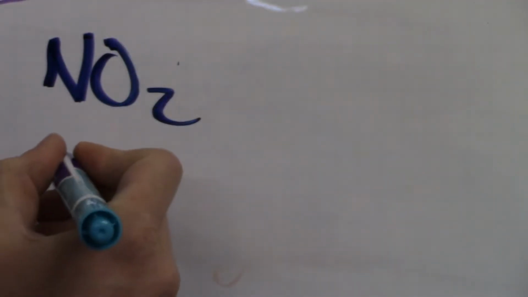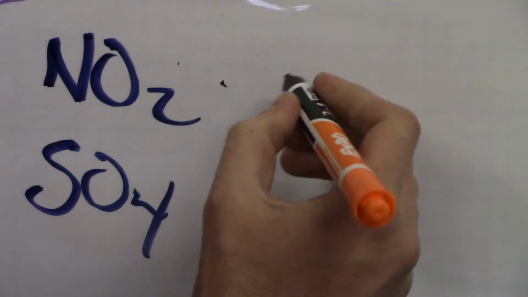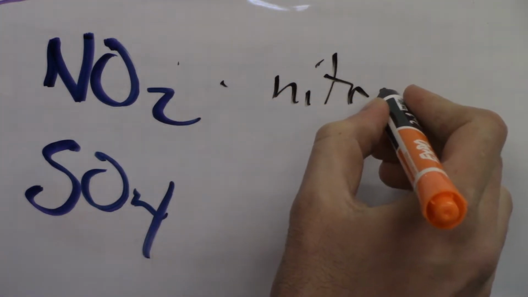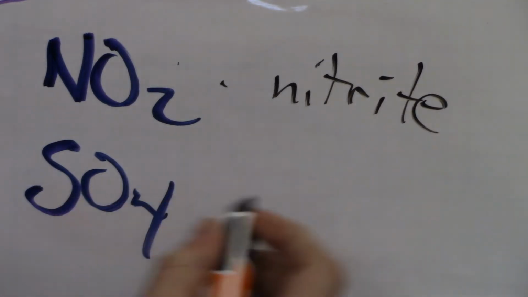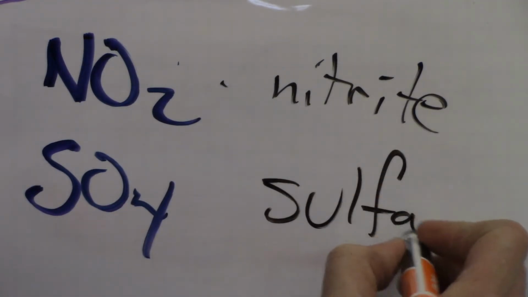A word of caution, my friends. Sometimes you will look at molecular compounds like this: NO2, or how about SO4? Now in this case, if you're doing this really quickly, this would be nitrogen dioxide, and this one would be sulfur tetraoxide. But sometimes people will get mistaken because they know how to do polyatomic ions, and they'll say that this one is nitrite, and this one is sulfate.